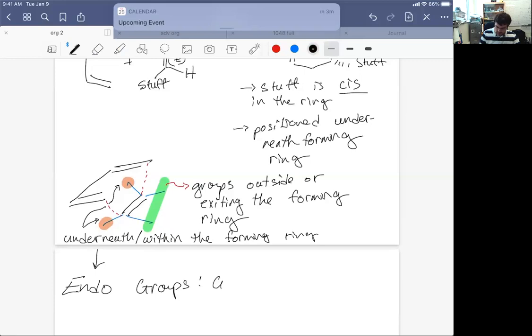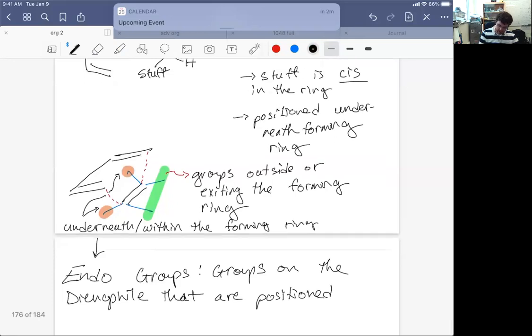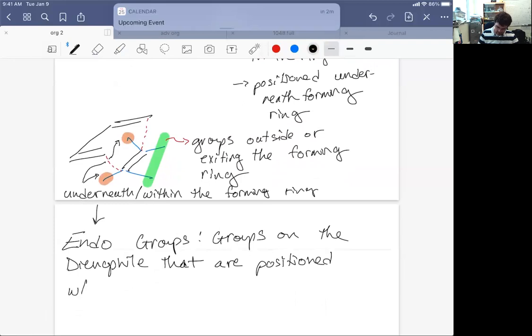And these are groups on the dienophile that are positioned within or, quote, entering the forming ring.